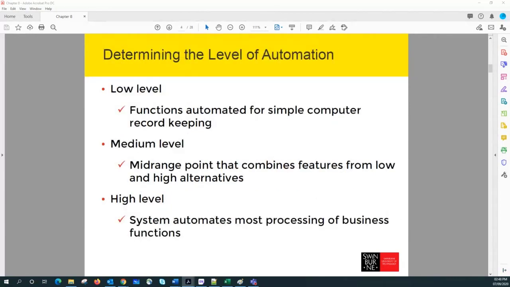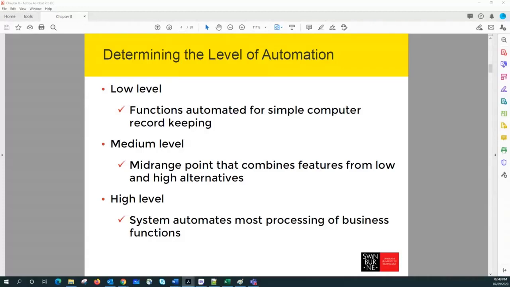Okay. So when it comes to the level of automation, as I mentioned before, it describes the support the computing system will provide for each function, right? For most functions in an application system, usually at least three levels of automation can be defined: low level, middle level, or high level.